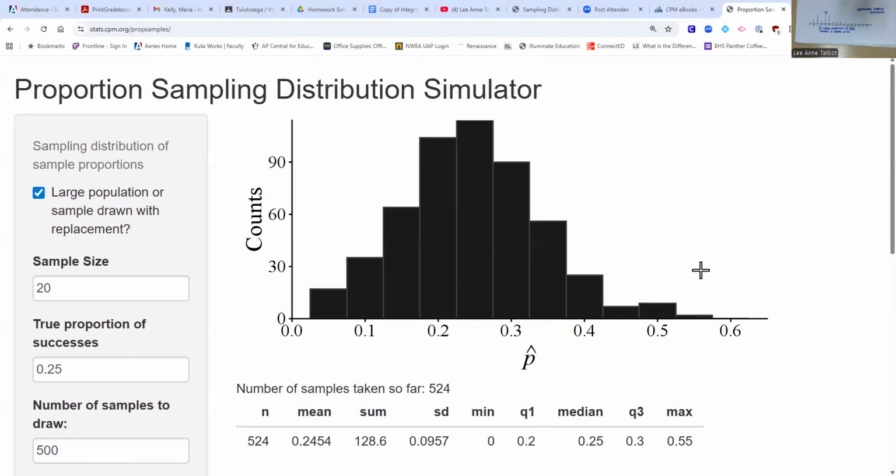How are you feeling about 0.25 now? Pretty good. Okay, so in this class, can we agree that the mean is safe to use and p hat is safe to use? So x bar can estimate the population mean and p hat can estimate p.